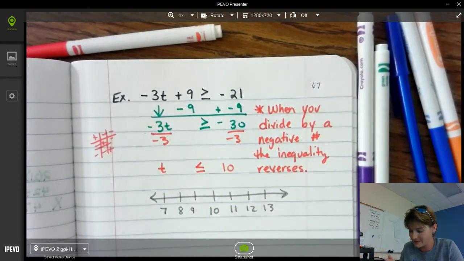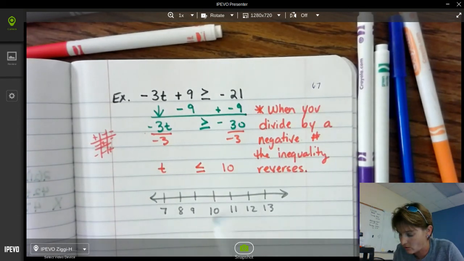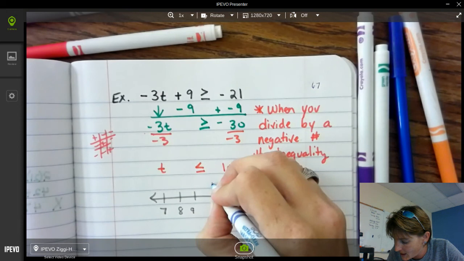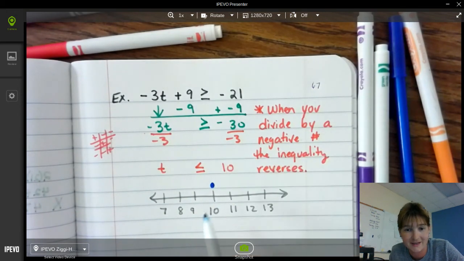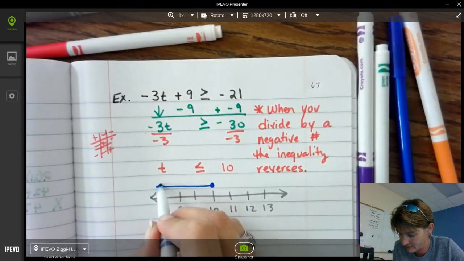So it is saying t is less than or equal to 10. So at 10, the less than or equal to tells me to put a closed circle because the equal to part does include that number. And t is less than 10, so we go to the left.